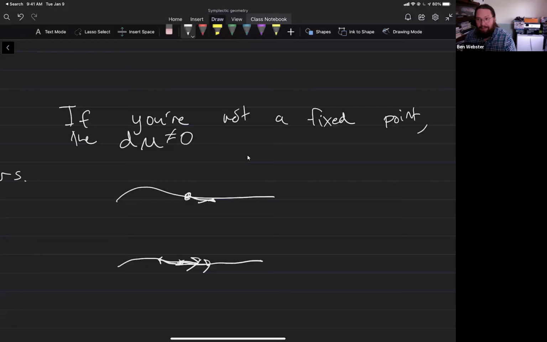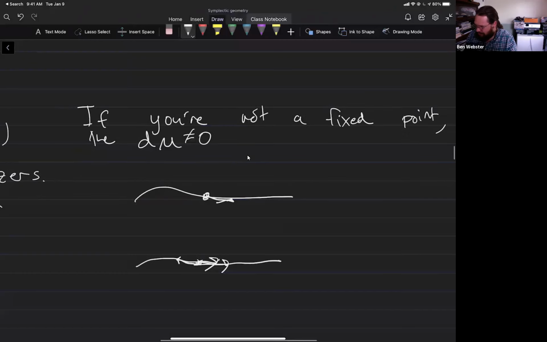And so you must have infinitely many fixed points. And that's no good. So you can only have finitely many points that don't contain some little bit of a line, and those must be the vertices of your polytope, or rather, you must be a polytope, and those must be the vertices.